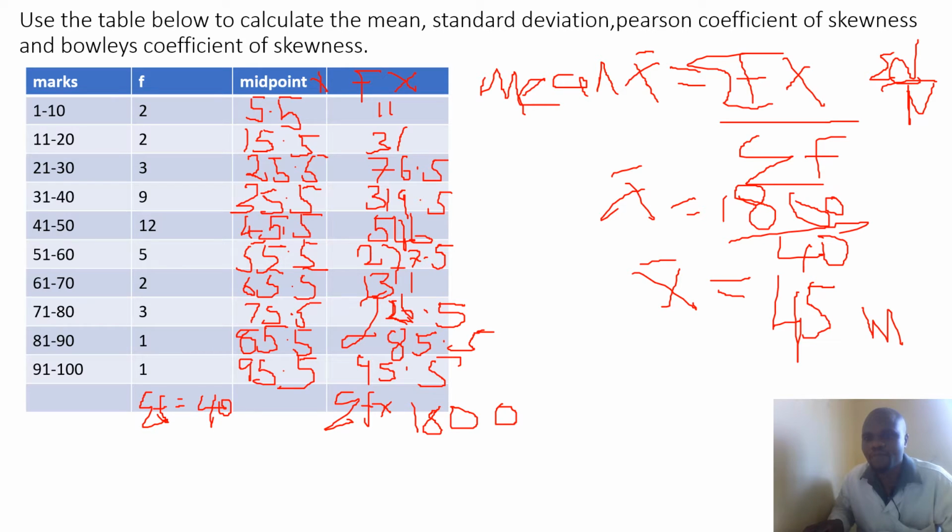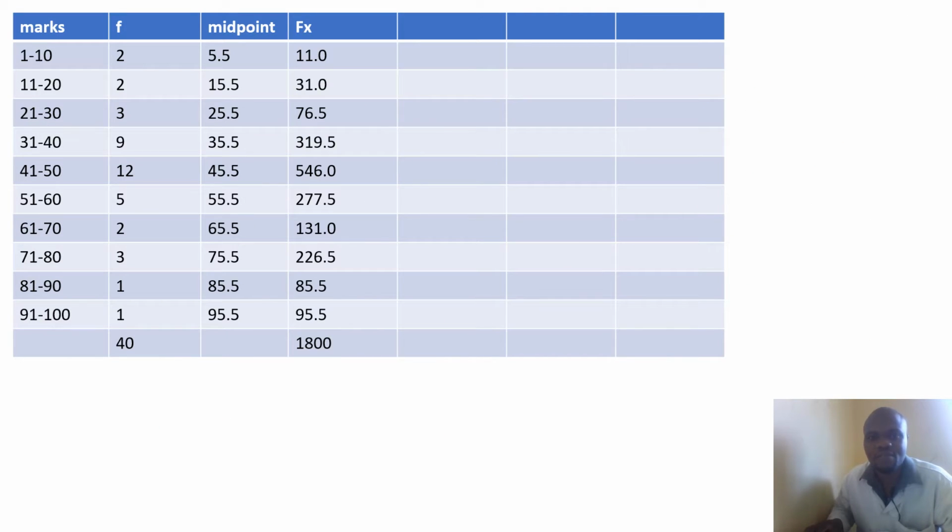To get the standard deviation, the only column that we need here is the D column, which is given by x minus the mean, the x bar. And remember, our x bar was equivalent to 45.